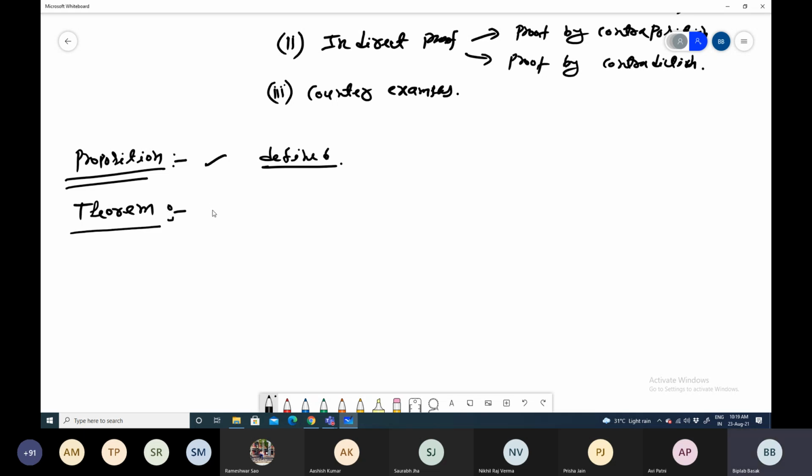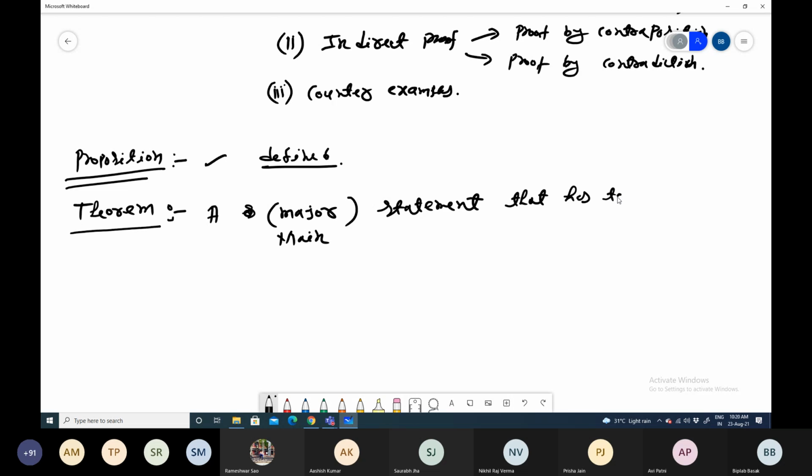So theorem means you can say a major statement, or you can say a main statement, that has to be proven to be true.